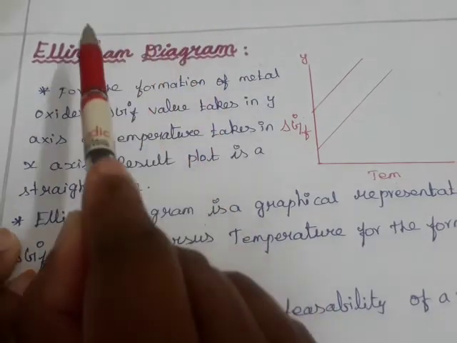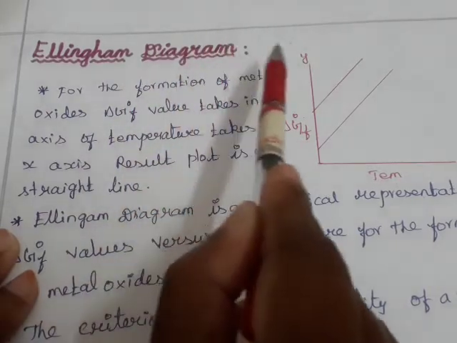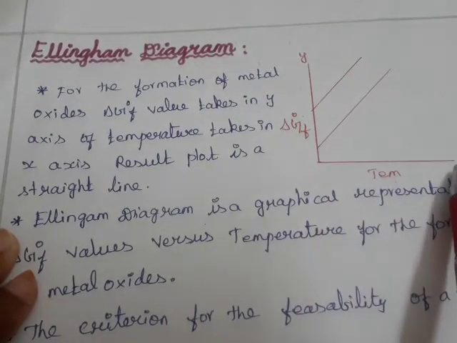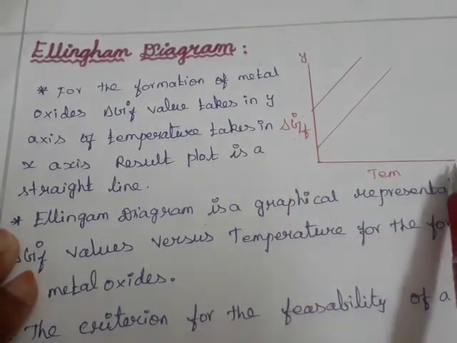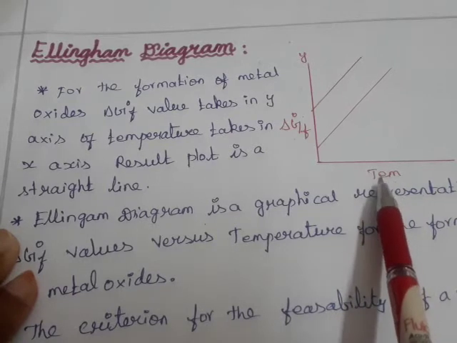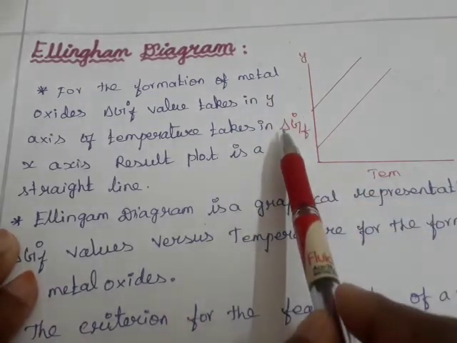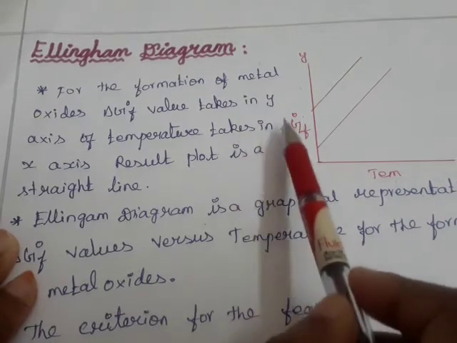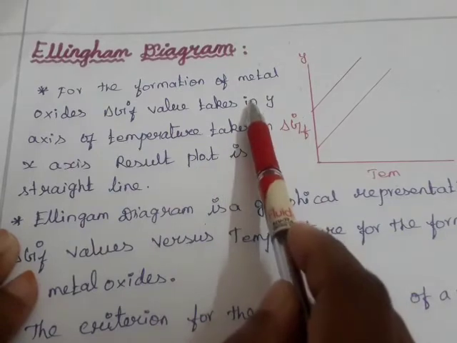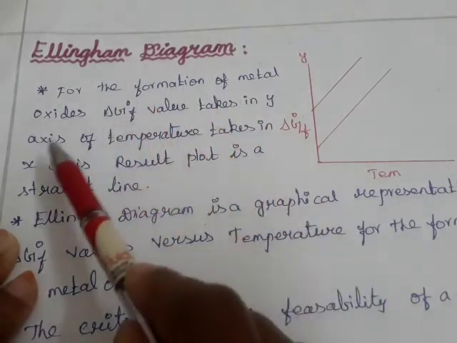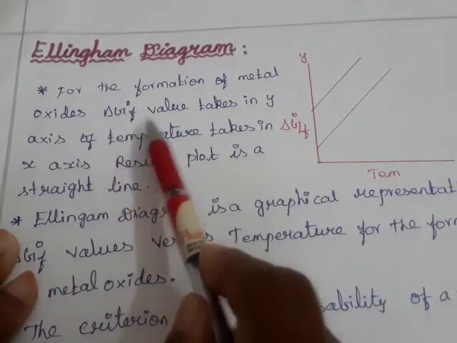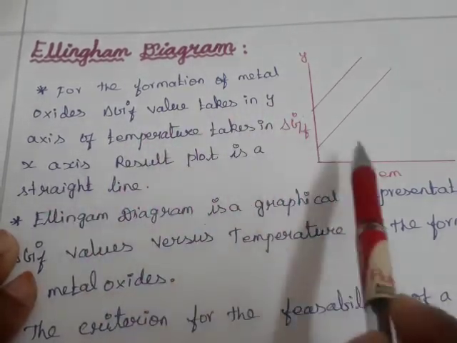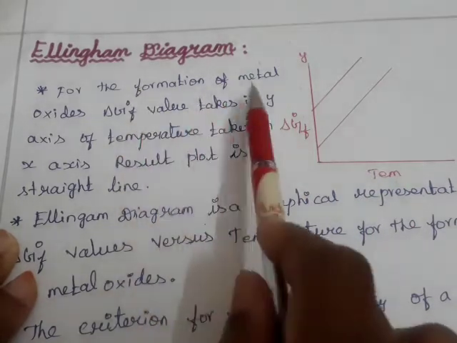This is the graphical representation of the Ellingham diagram. On the x-axis you take the temperature, and on the y-axis you take the del G naught of formation values for the formation of metal oxides.